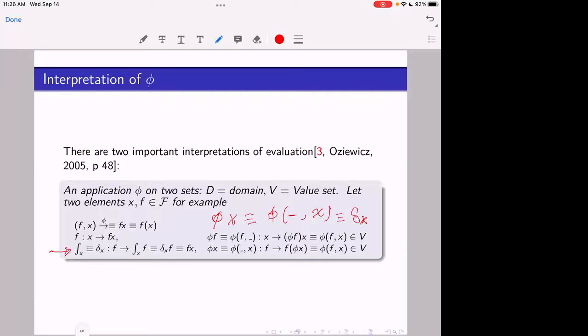Then the idea is that this operator can be interpreted whatever we consider. For example, this with a representation in matrix form.